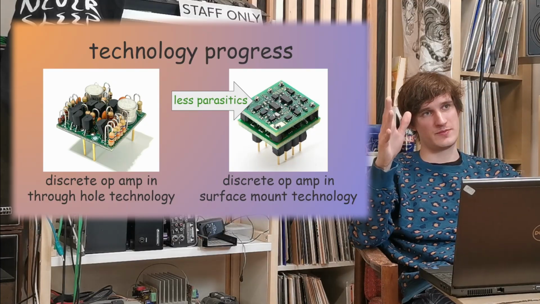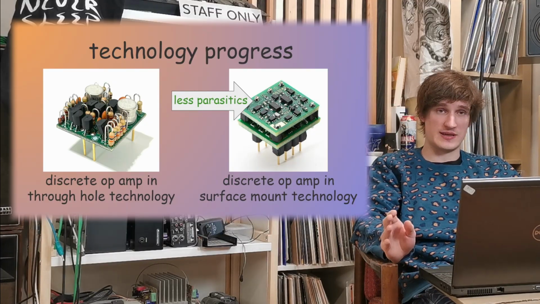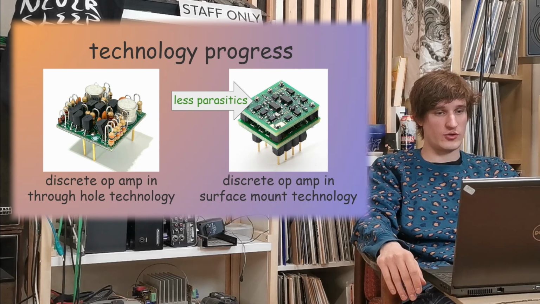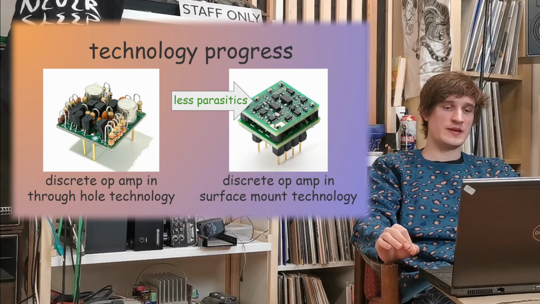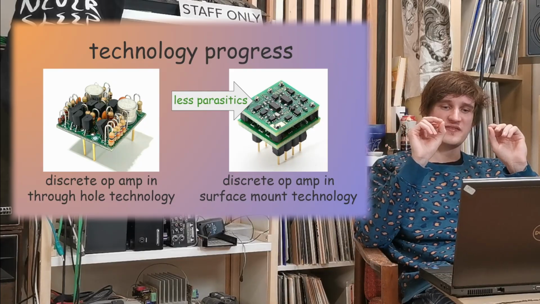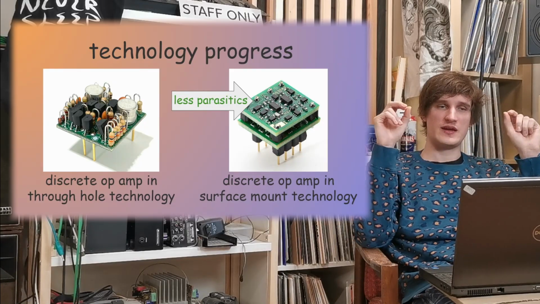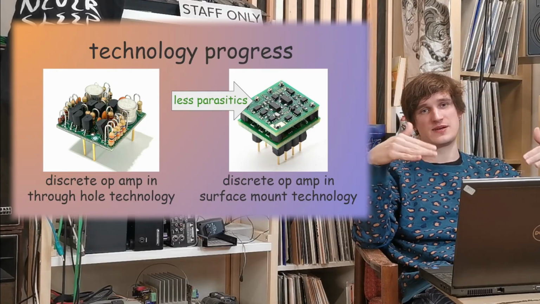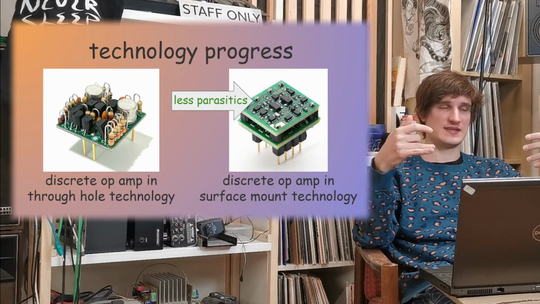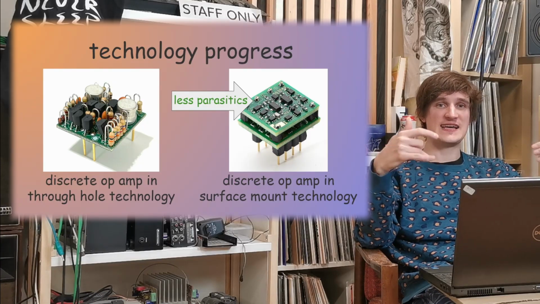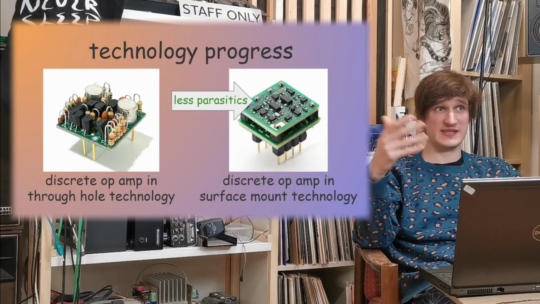This is a very broad topic, and it's more advanced. It's not a beginner type of knowledge, but essentially when you have smaller leads from the component, you can achieve less parasitic inductance, and essentially you can just have less side effects, let's say.